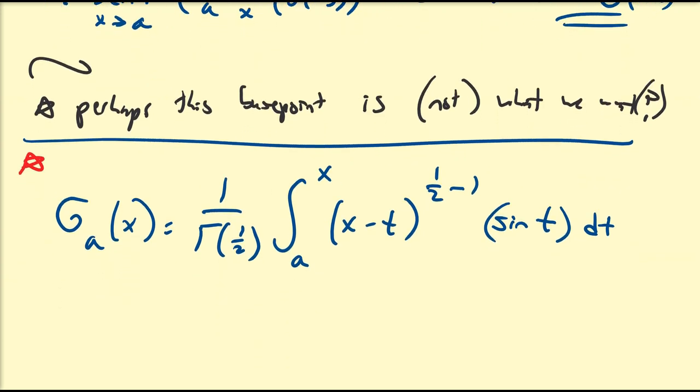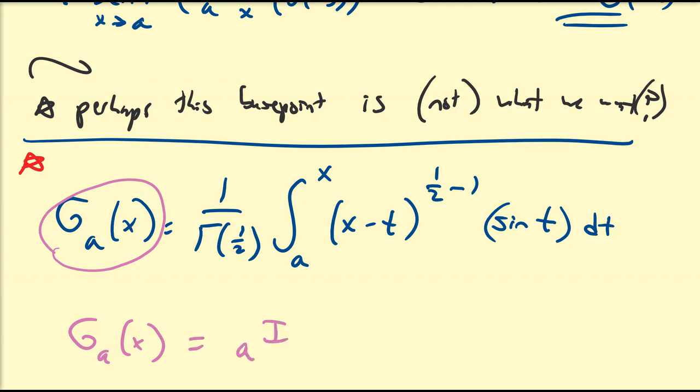Can anyone take a guess? This function g_a of x is what I'm defining as the RL definition, or the RL derivative of order alpha of sine of x, in particular 1/2, right? And we're trying to compare it.